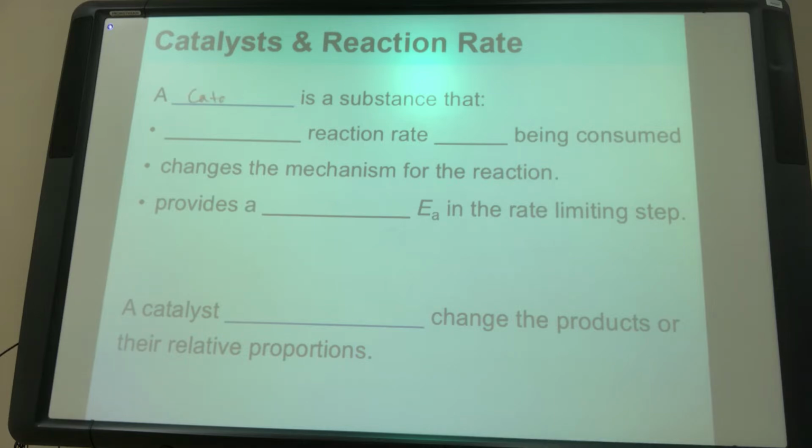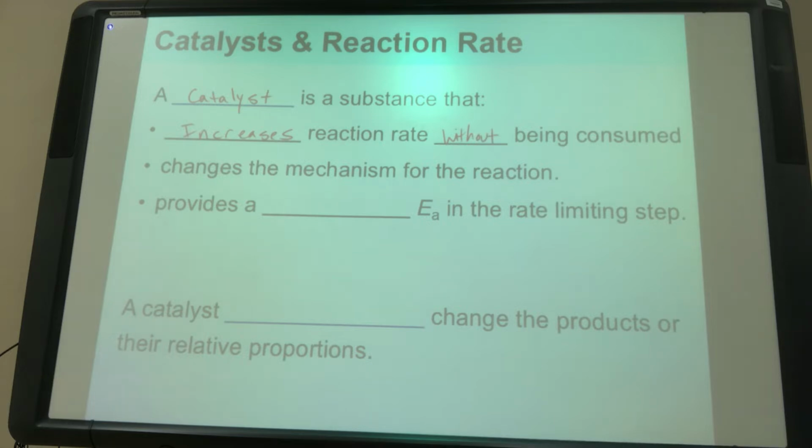So a catalyst is a substance that does a few things. First, it increases my reaction rate. It makes the reaction go faster, and it does this without being consumed.